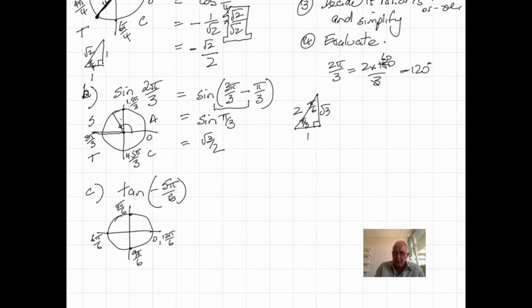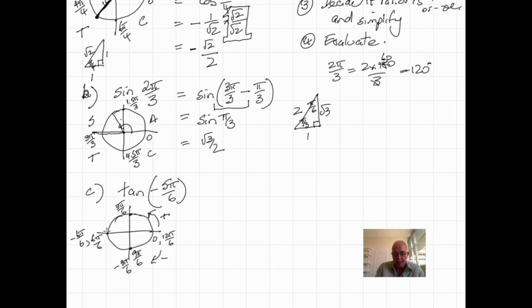All right, minus 5 pi on 6. What's the significance of the negative? This is the positive direction for angles. And if we want the negative direction of angles, we go back this way. So we know that when we go through one quadrant, we've gone through 3 pi on 6. So we've gone negative 3 pi on 6 there. And if we go all the way back there, that's negative 6 pi on 6. So those are the same angles.